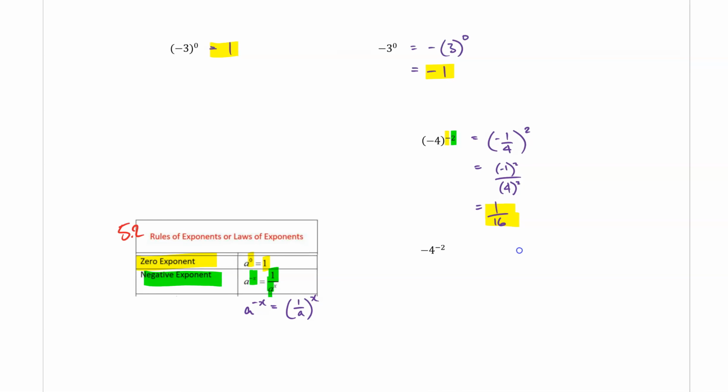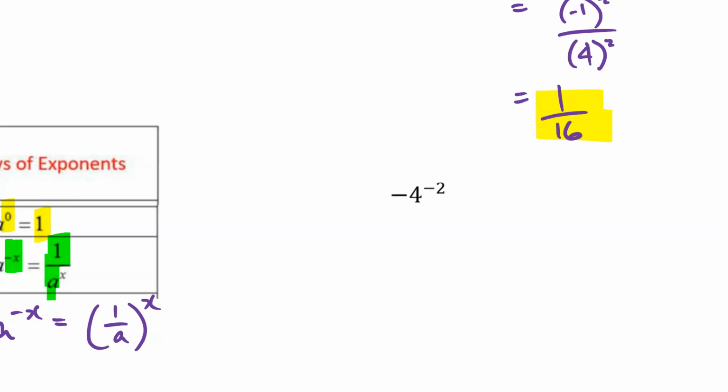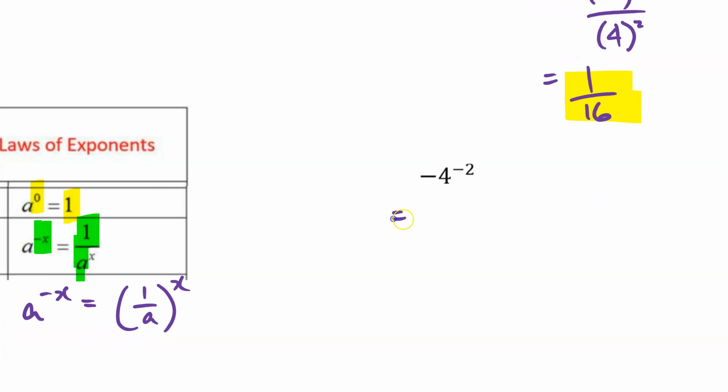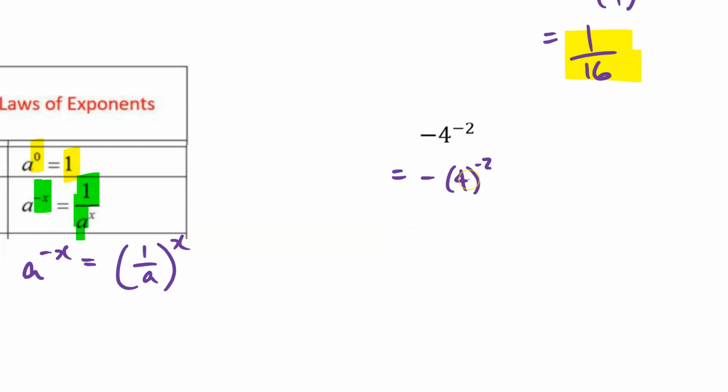Let's try this -4 to the exponent -2. Now, if you remember what we talked about, this -4 is not in brackets, so it really is a negative, and then it's really 4 to the exponent -2. This is a better understanding of what this is, but it's kind of coded, so you have to decipher it. Let's handle it in two steps.